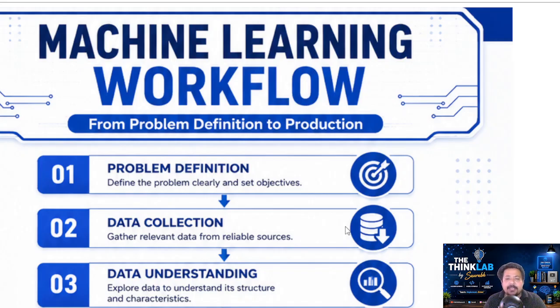But the machine learning problem could be to predict the selling price of a house from historical features. So we need to translate the business requirement into a machine learning problem, and this is an important skill. A good machine learning practitioner doesn't immediately start coding. They first understand the business requirement and then convert it into a technical problem.